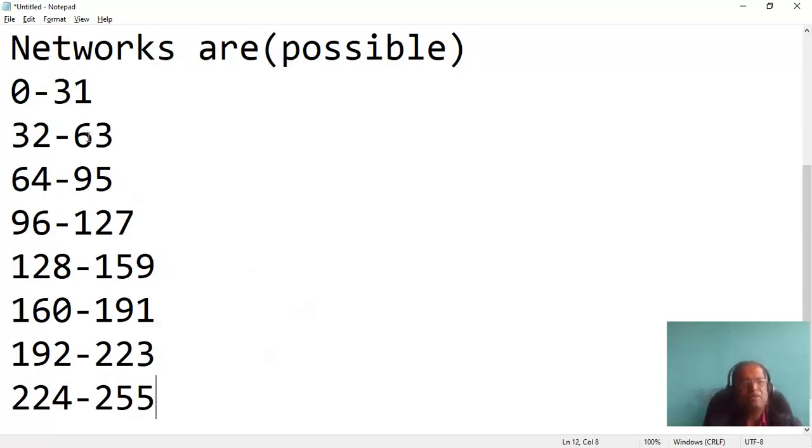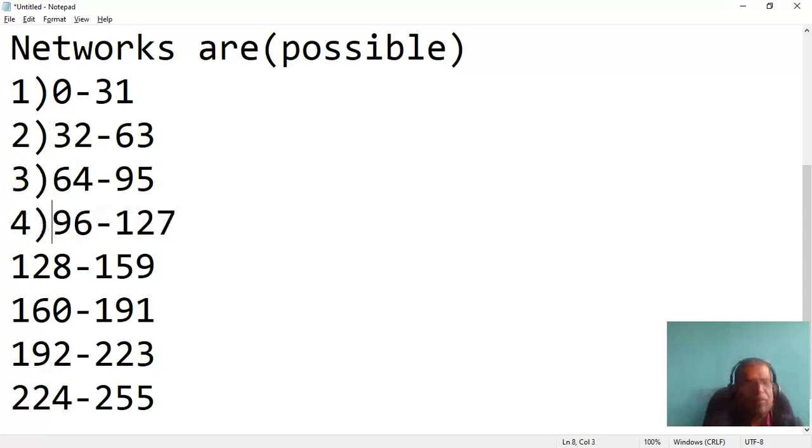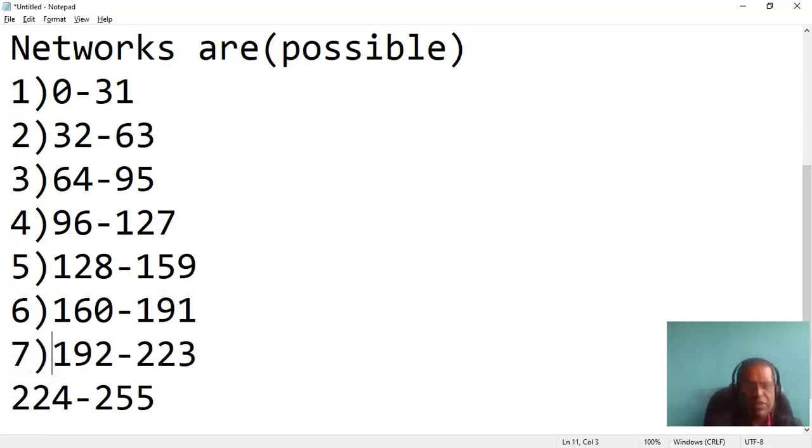So as you see here, the possible networks: 1 is 0 to 31, 2 is 32 to 63, 3 is 64 to 95, the 4th is 96 to 127, the 5th is 128 to 159, the 6th is 160 to 191, the 7th subnetwork is 192 to 223, and the 8th subnet will be 224 to 255.